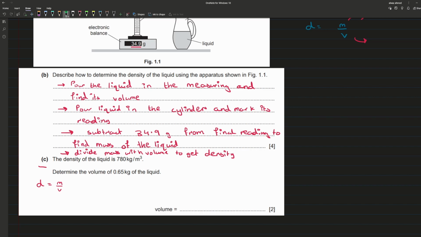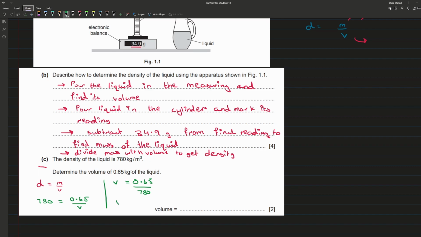So I'm going to simply write 780, which is the density, equals mass, which is 0.65, divided by volume, which we need to find. I'm going to switch volume to the left hand side and we'll get 0.65 divided by 780. Now if we put this into the calculator, we get the answer, 8.3 multiplied by 10 raised to the power minus 4.